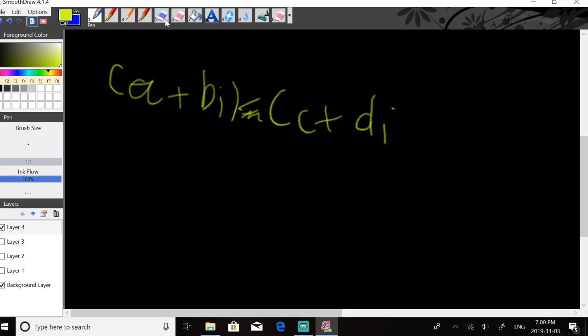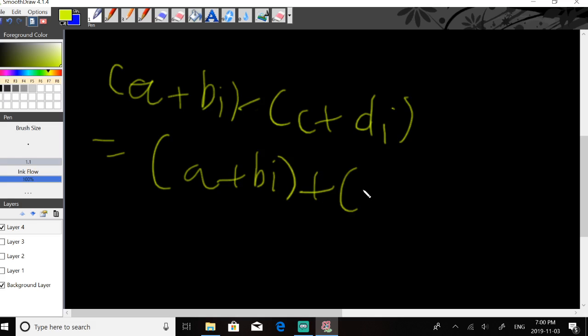Let's see how to subtract. To subtract, we use the following: a plus bi minus c plus di is equal to a plus bi plus negative c negative di.